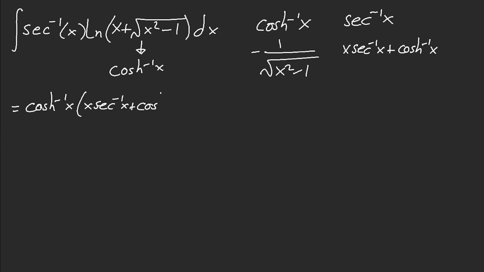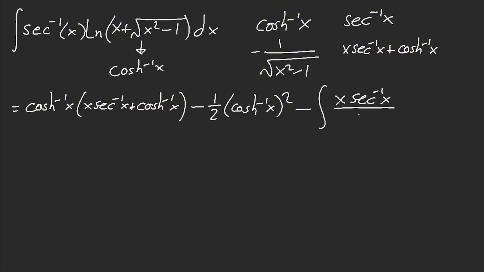Cosh inverse. And then now this is just half of inverse cosh squared. And then minus, boy, disgusting.